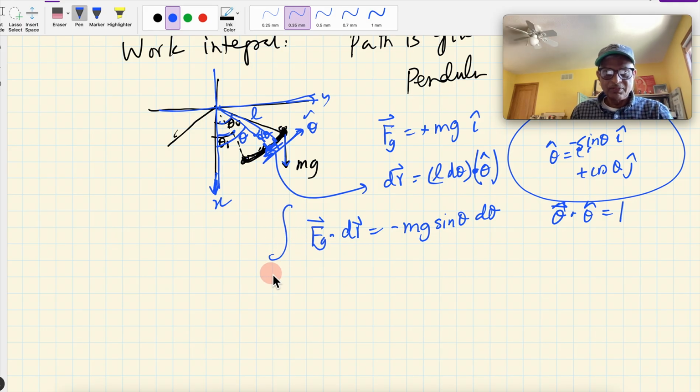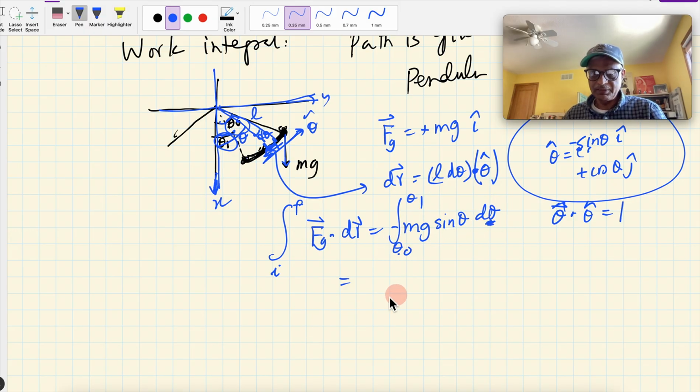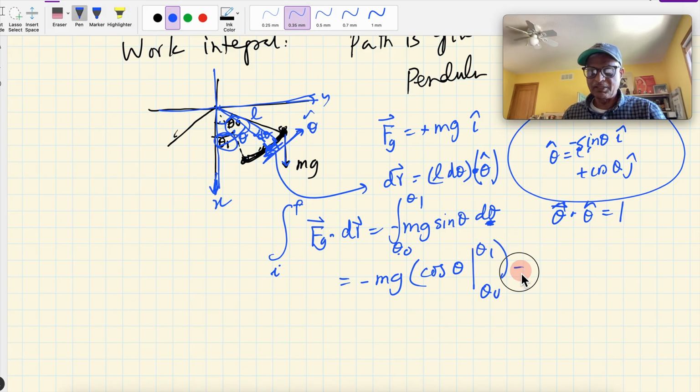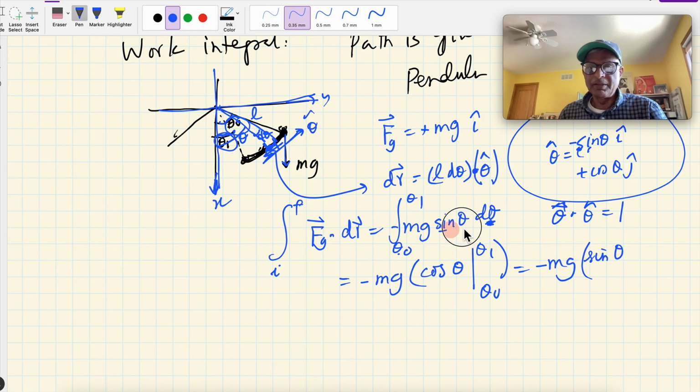And if I integrate, say, initial is this and final is this third one, so that's going to be integrating from theta 0 to theta 1 of mg sine theta d theta. This just turns out to be minus mg cosine theta, evaluated from theta 0 to theta 1, so mg cosine theta 0 minus cosine theta 1.